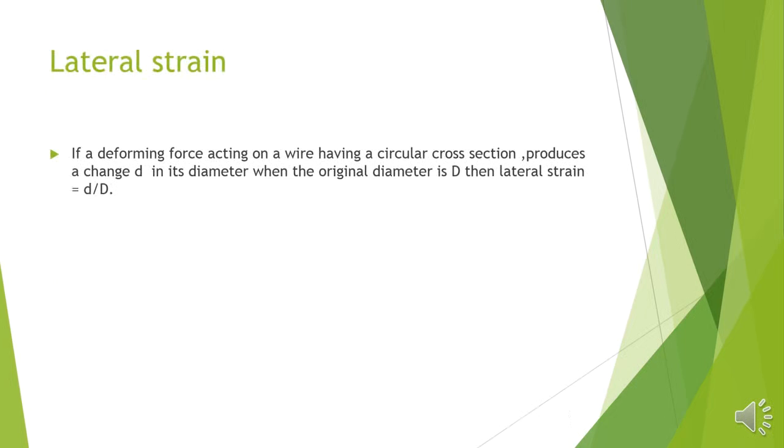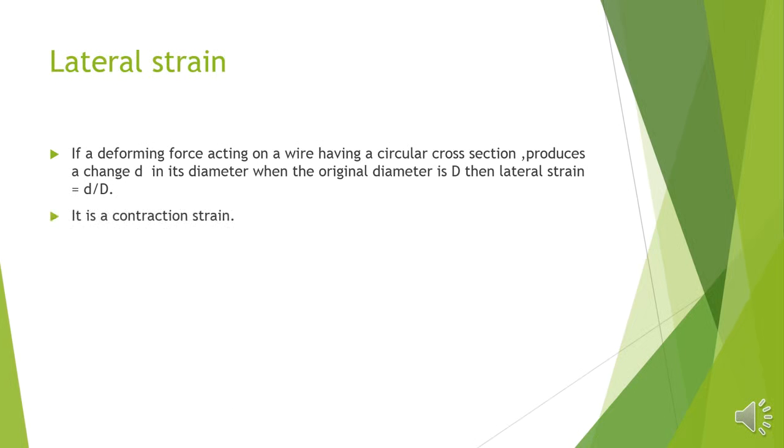Next slide. Lateral strain. If a deforming force acting on a wire having a circular cross section produces a change d in its diameter, when the original diameter is capital D, then the lateral strain is given by small d divided by capital D, change in diameter divided by original diameter.